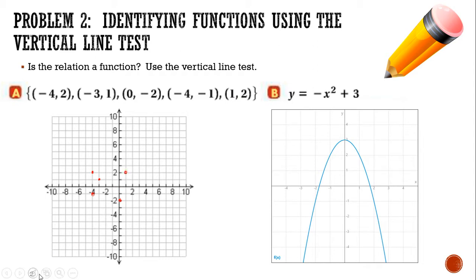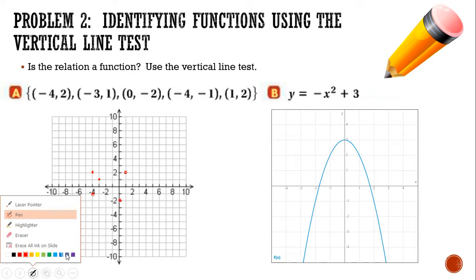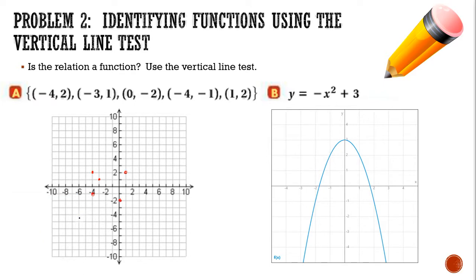Right there. So, now, the vertical line test says, if I draw a line anywhere, and I mean anywhere, it needs to be a vertical line, hence the name, I cannot hit more than 1 point. So if I start drawing some vertical lines here, well, that's not very vertical, but I'm not going to hit more than 1 point there. Put a line through here, I'm only going to hit that point. That's okay. What about right here?